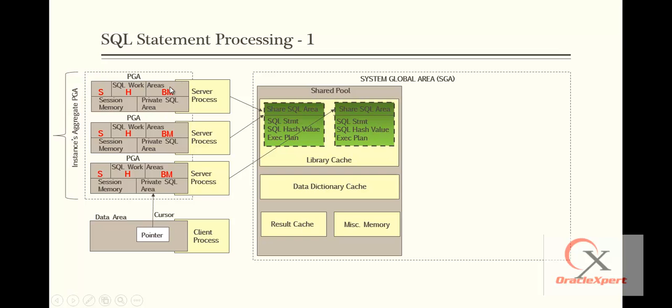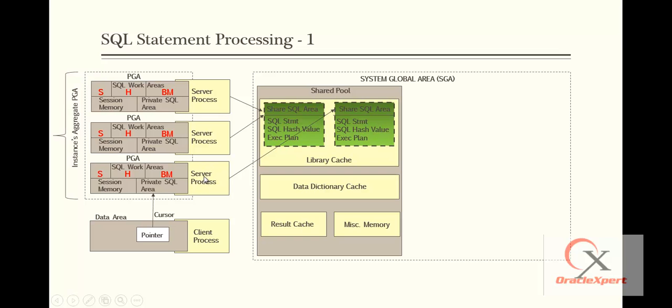I'm going on to the next slide. Here I'm going to talk about how exactly the SQL statement processing happens. Now you see this diagram talks about the PGA, the program global area, which is the private memory of a given server process, or for that matter any other background process.